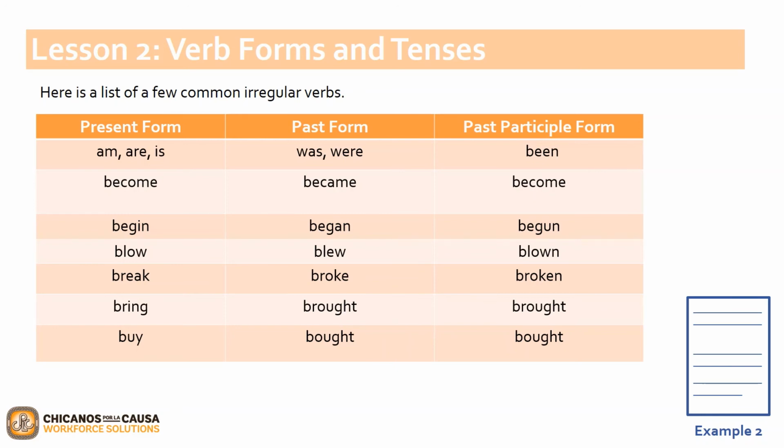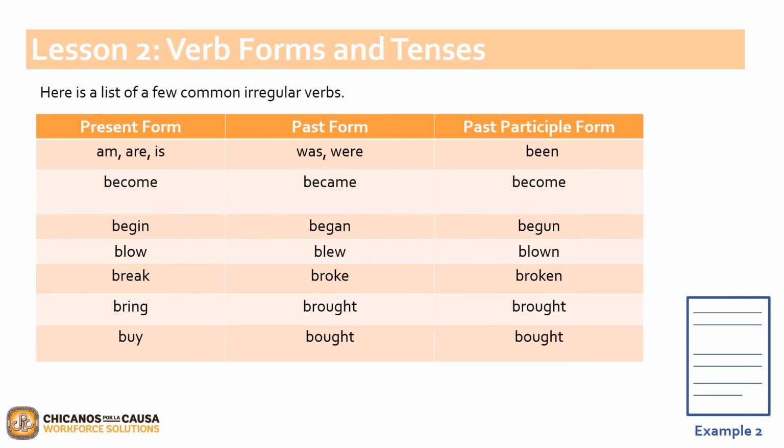For the word begin in present form, the past form would be began, and the past participle form would be begun. The word blow in present form, in past form would be blew, and in past participle form would be blown.